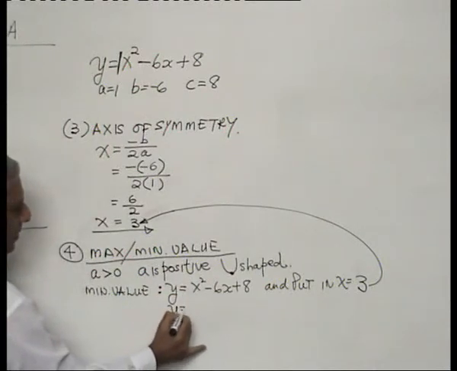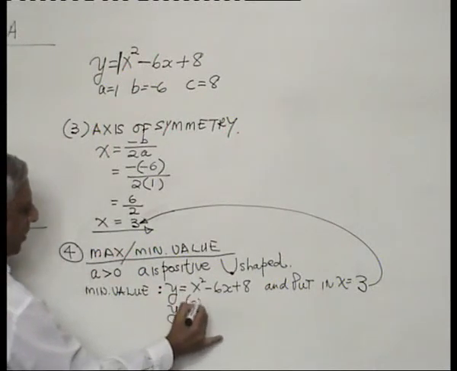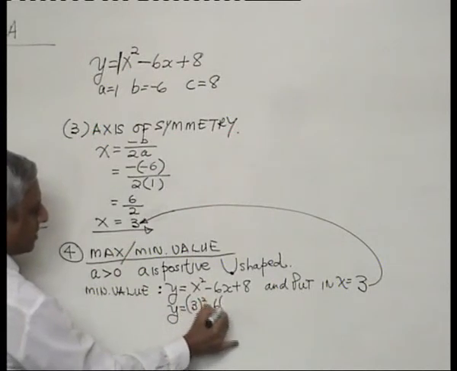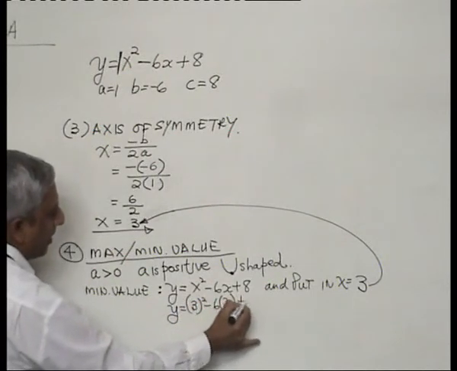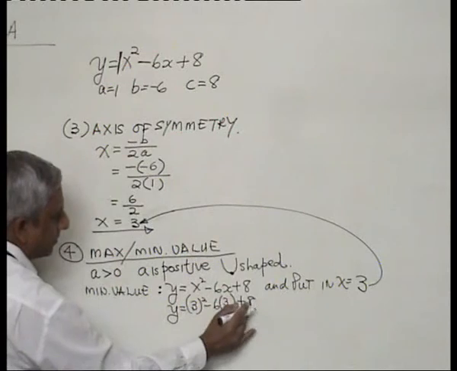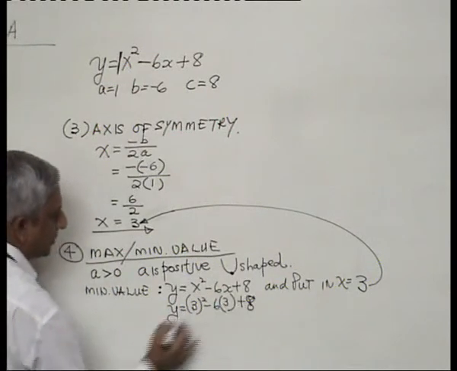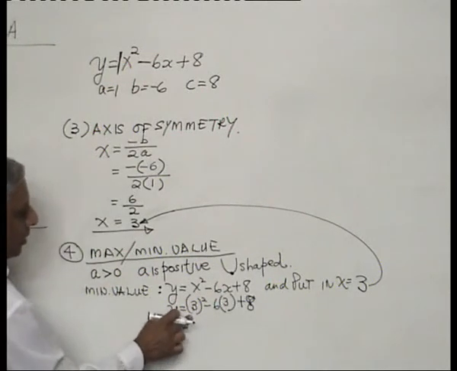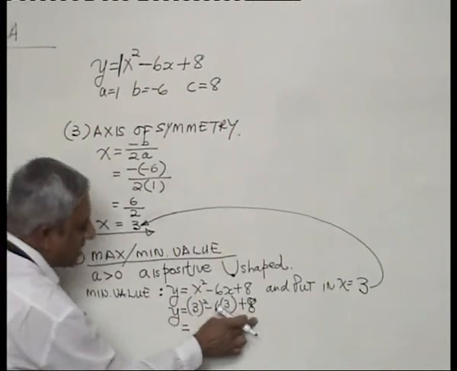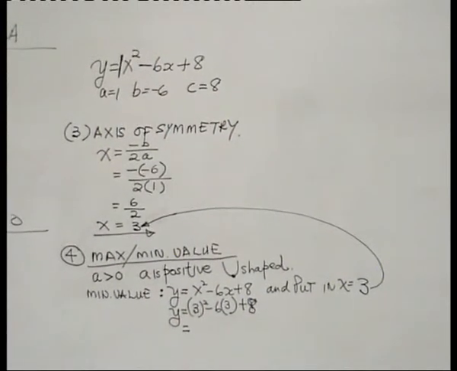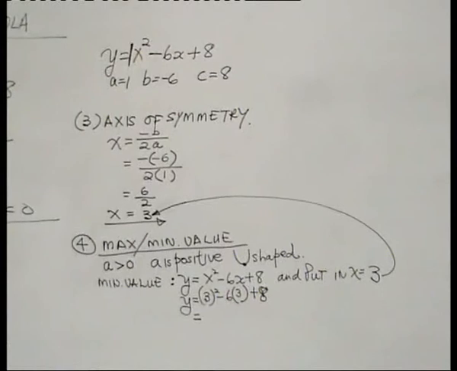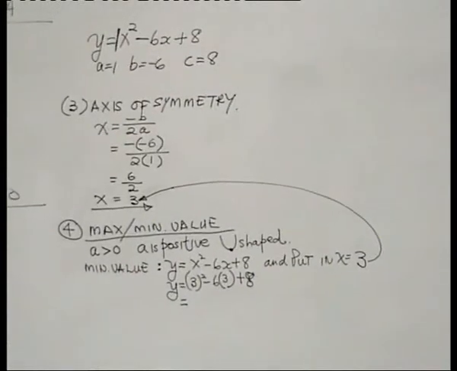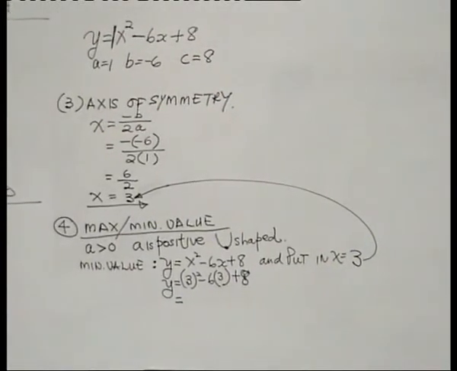So y is equal to 3 squared minus 6 into 3 plus 8. Now, you can put this in your calculator just like that, with the brackets and the powers, and find the value of y.